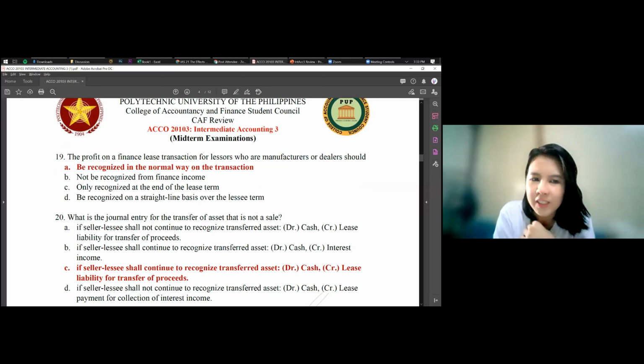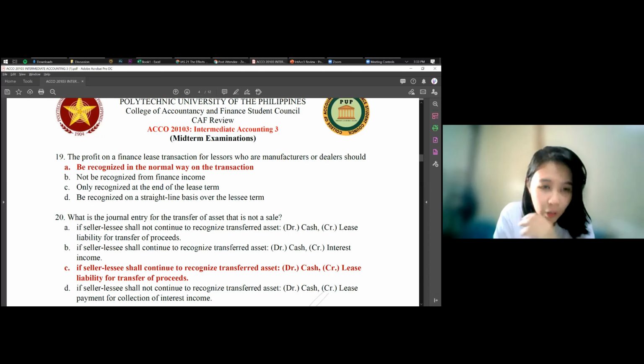So, magre-recognize ka pa ng more ng interest income. So, okay. I don't think so. Okay, next is if a seller lessee shall continue to recognize transfer asset, debit, cash, credit, lease liability for transfer of proceeds.